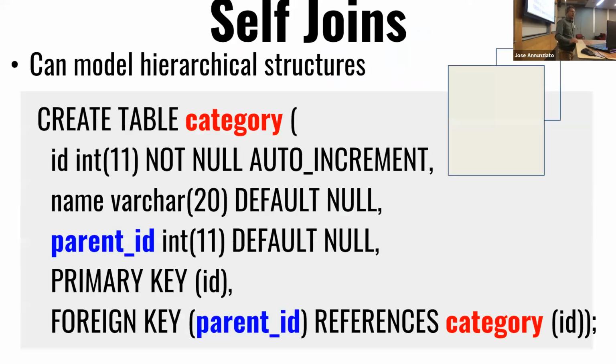Right, let's talk about self-joins. If you remember, we had mentioned that in some structures you want to be able to represent hierarchical order, where in the same table you might have records that are related to one another by having a foreign key in one table refer to a primary key in the same table. This would allow you to implement hierarchies.